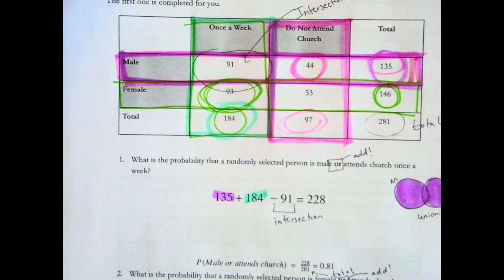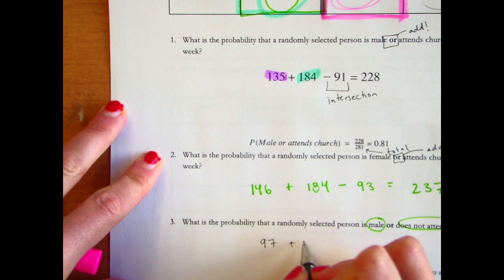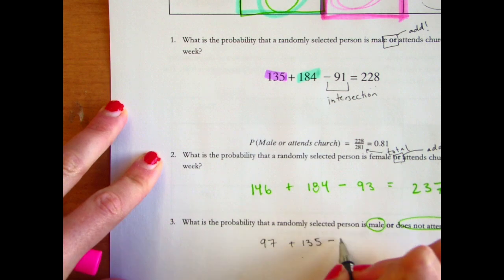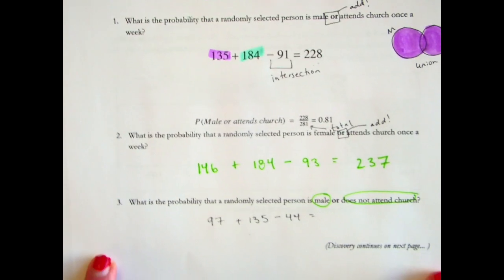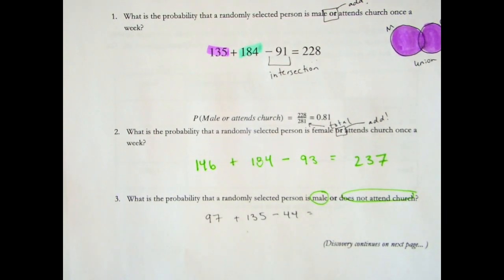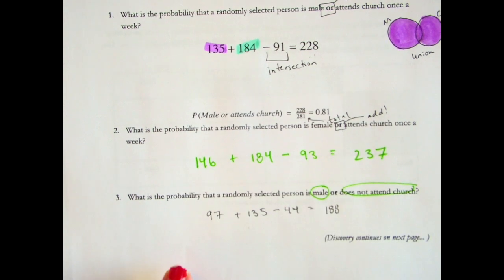to get my total of 188. And for 2 and 3, to get my final probability, I'm going to be putting these totals over the total of the whole table of everyone who is included. So I'm going to do 237 over the total 281. And we'll be precise here.